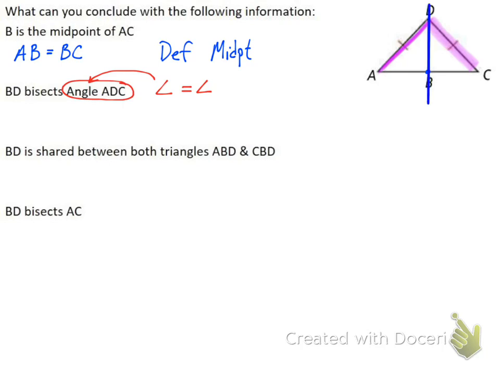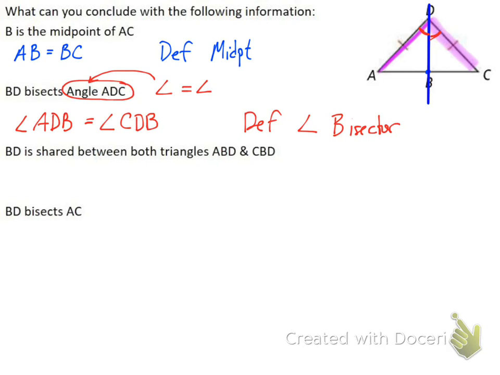So I would know that these two angles are equal to each other. With that, I can say that angle ADB is equal to angle CDB, and I would say definition of angle bisector. An angle bisector cuts an angle in half and breaks it into two equal angles.